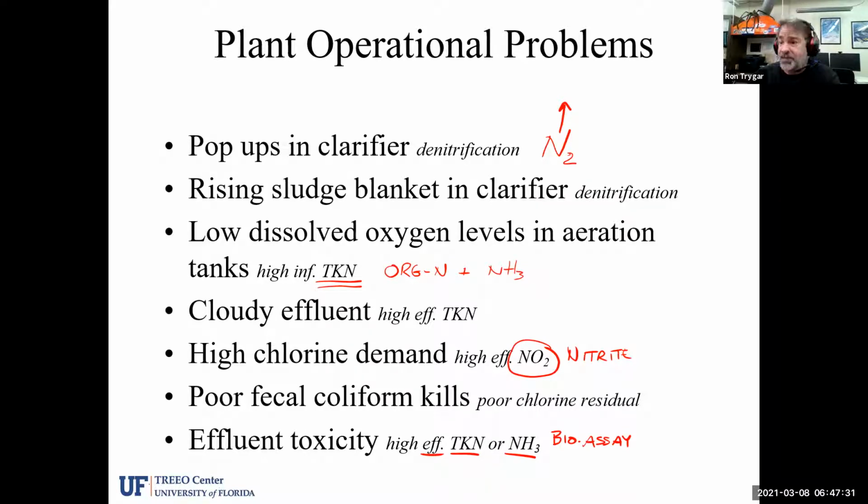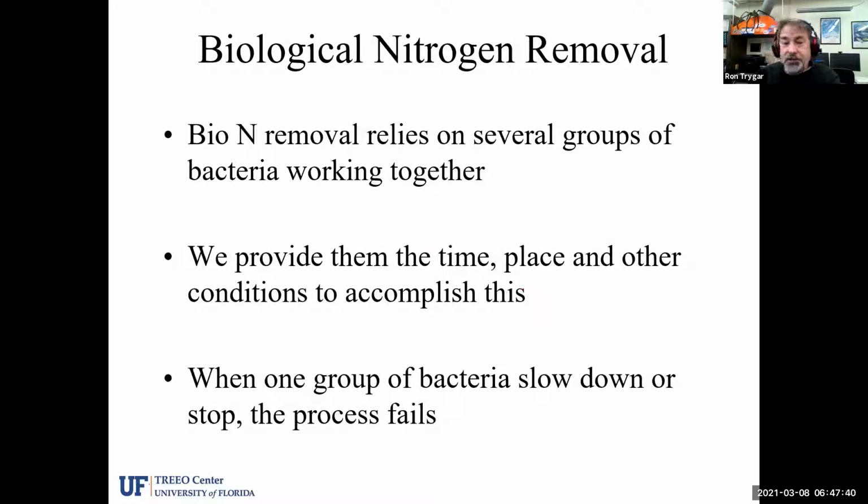So that's a pretty big list of plant operational problems that we could find from inside the treatment plant from different forms of nitrogen. Biological nitrogen removal is a process that requires several groups of bacteria to all work together.